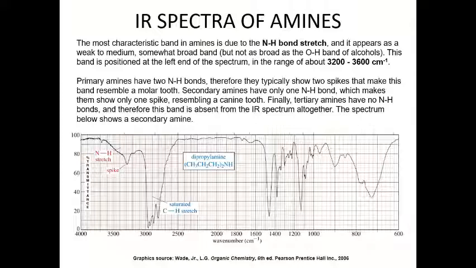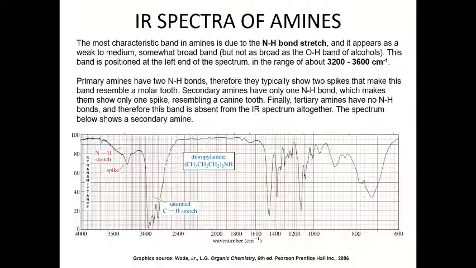In the case of the amines, the most characteristic bands are due to the NH bond stretch. It will appear as a weak or medium and somewhat broad band, but not as broad as the OH band for an alcohol.